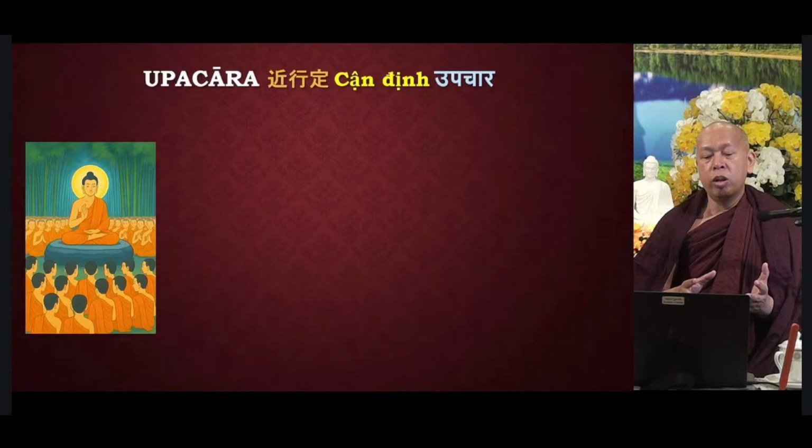That's what we call 10 asubhas. So these are also understandable objects. That's why we cannot attain higher jhana. We can attain only first jhana. But to subside the attachments, both kayagatasati and 10 asubhas are very effective.